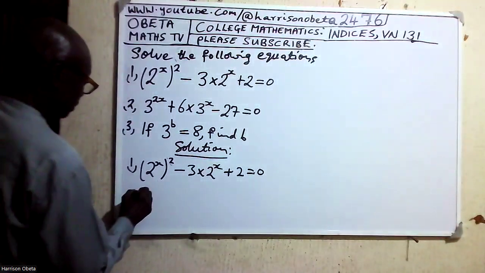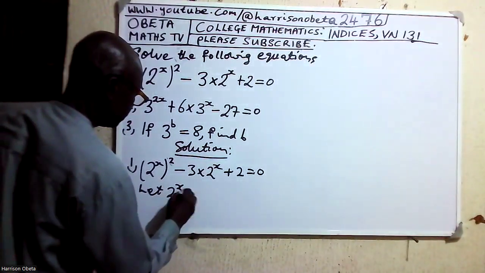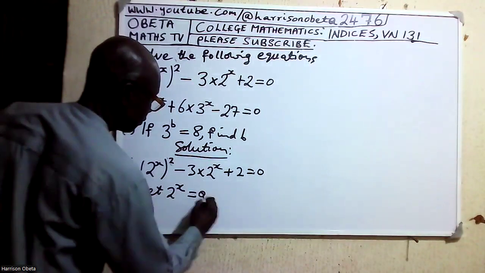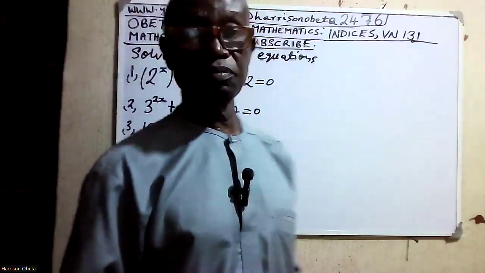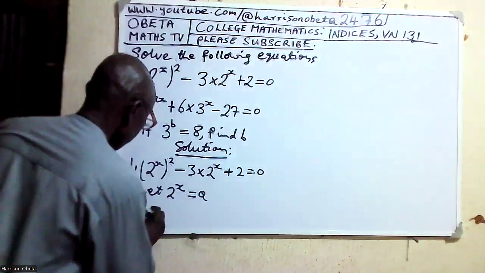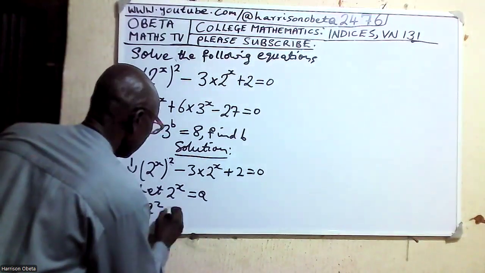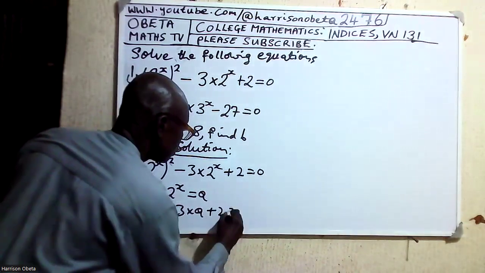So, in order to do that, let 2 raised to x be a, for instance. So that means anywhere I see 2 raised to x, I'll now replace it with a. So that will give us a squared minus 3 times a plus 2 equal to 0.